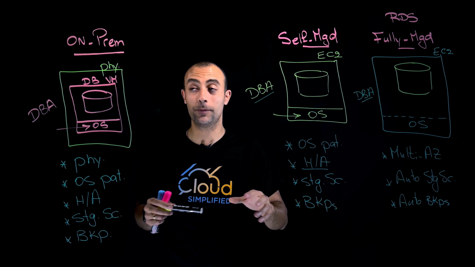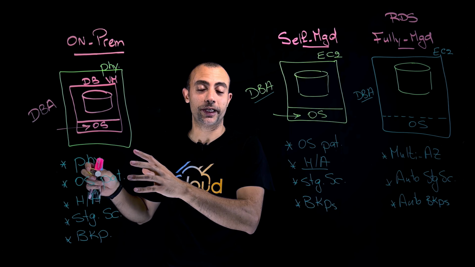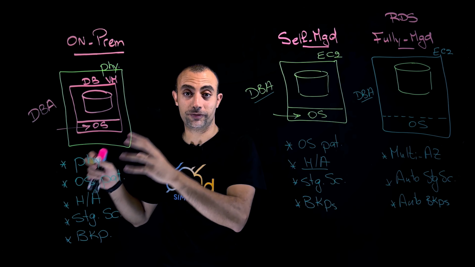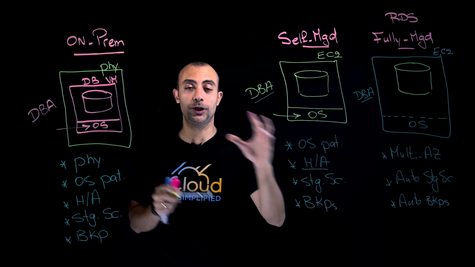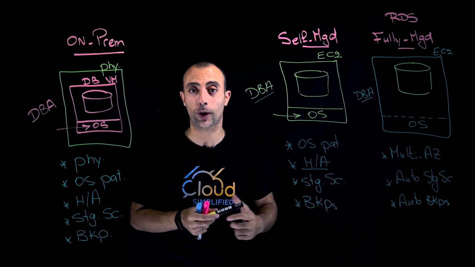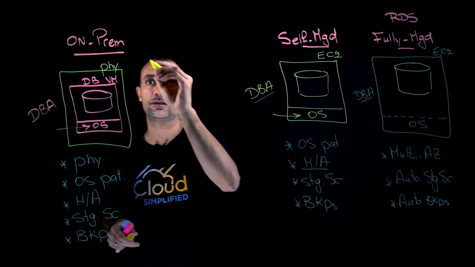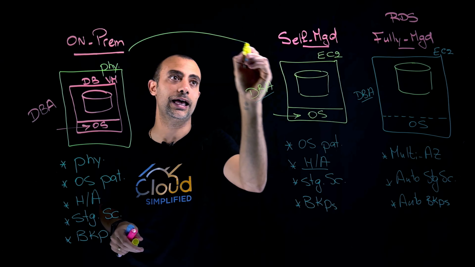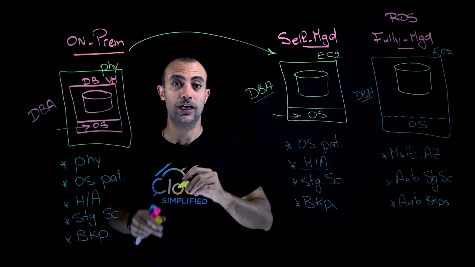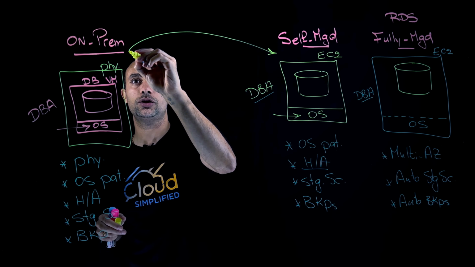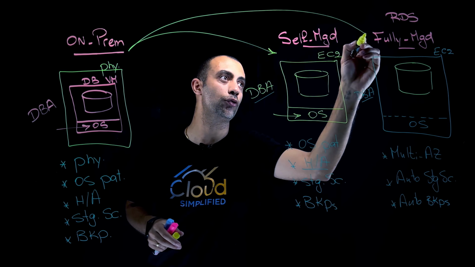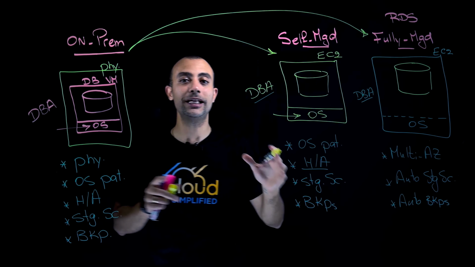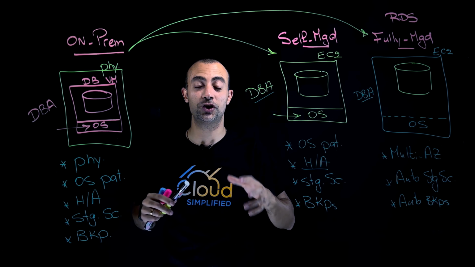Alright, so to summarize, if I would like to migrate my database from the physical data center on-premise into the cloud, as we explained, we have two options. I can migrate with the first option as self-managed, or I can migrate with the second option as fully managed. Now let me remind you about the migration strategies.